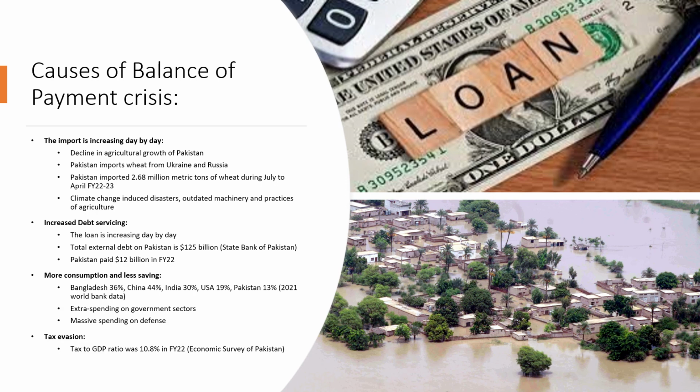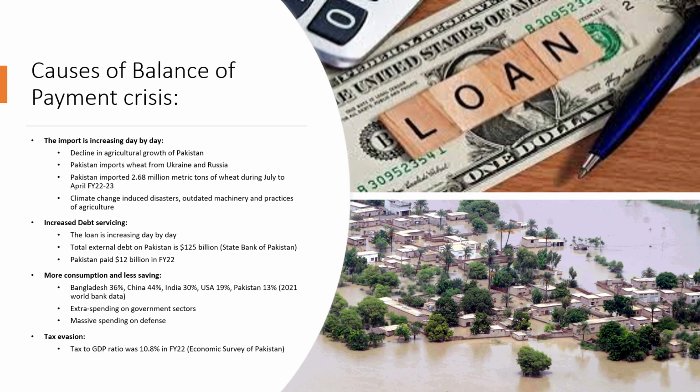In fiscal year 2022, Pakistan paid a loan of $12 billion. This loan adds to the current account deficit. When we pay this loan, it increases the current account deficit of Pakistan. And this deficit causes a balance of payment crisis.